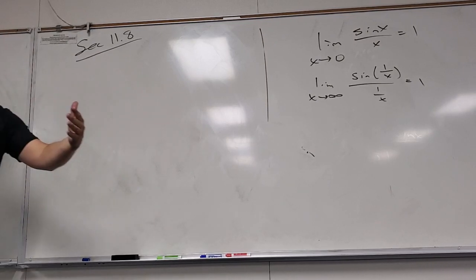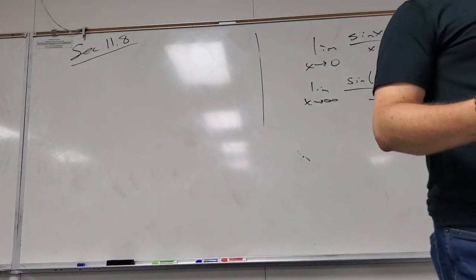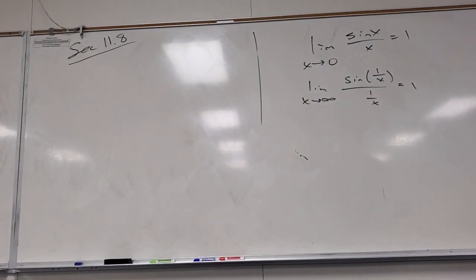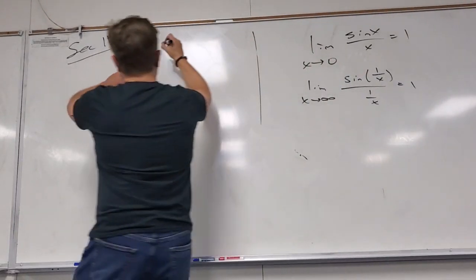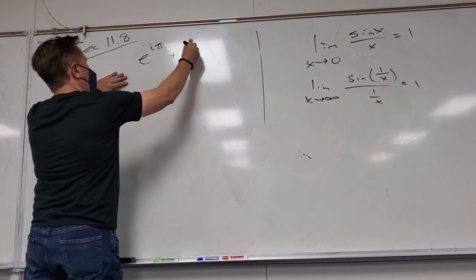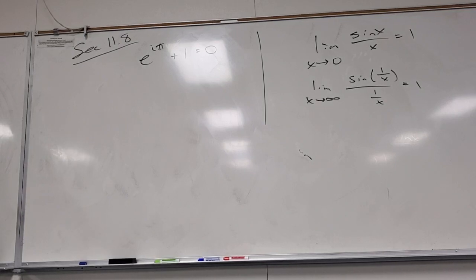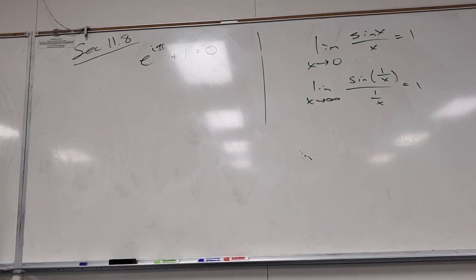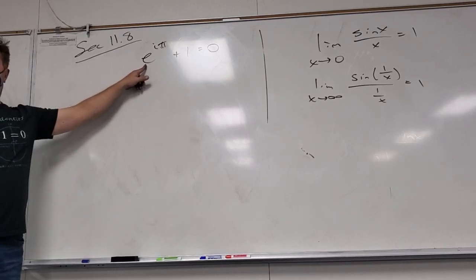11.8, by the way, has anyone noticed my shirt? Have you ever seen this before? So real quick, this says that e to the i pi plus 1 equals 0. Math people freak out about this. I walk by a math person with a shirt like this, oh yeah, I'll show you. Because e, isn't that a special number?